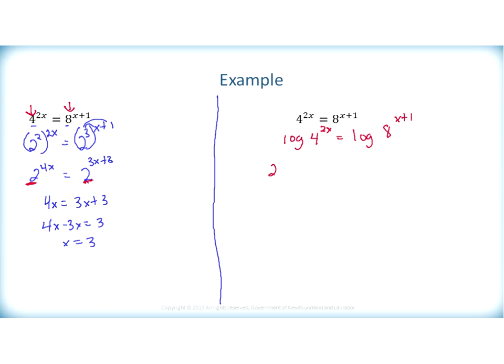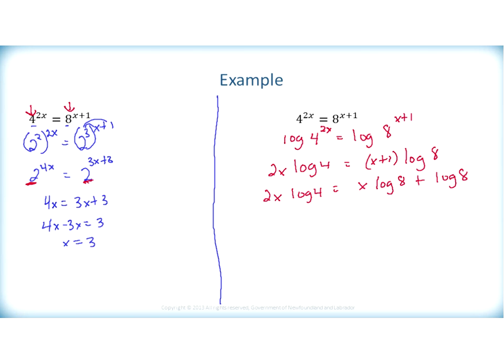And so we bring the 2x in front to multiply by log 4, which is equal to x plus 1 times log 8. And so we have 2x log 4, which will equal x times log 8 plus 1 times log 8.